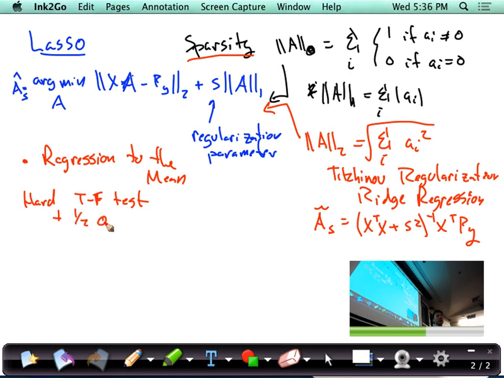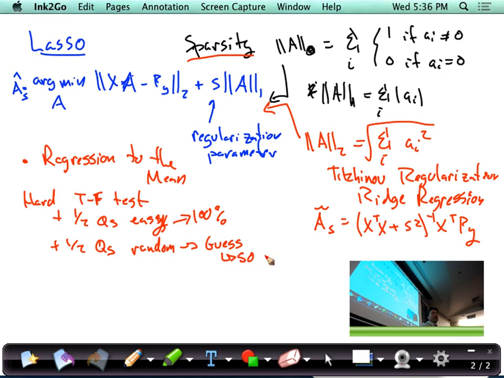Half the questions are going to be easy, and so hopefully everyone would get 100% on these. So let's say everyone gets 100% on that half, but the other half of the questions are basically random, so that no one has any idea. So everyone guesses, and this gets a 50%, right?